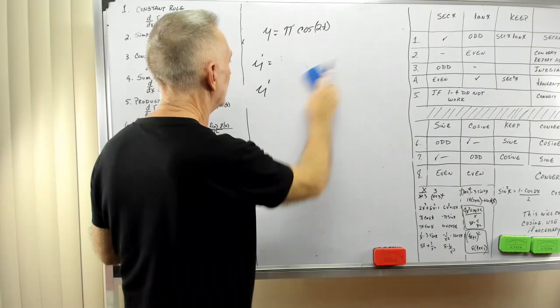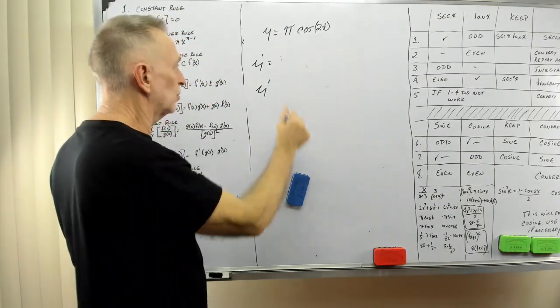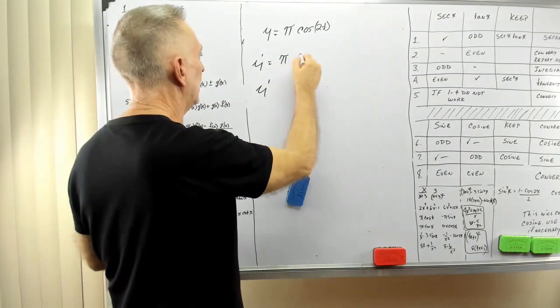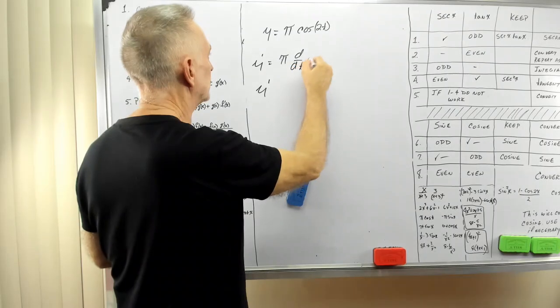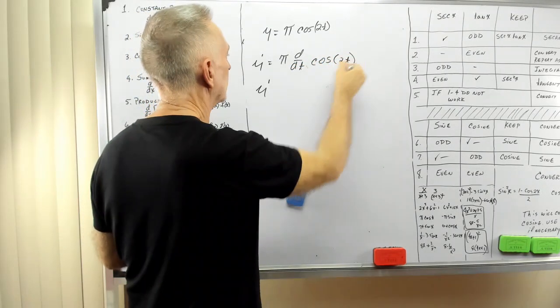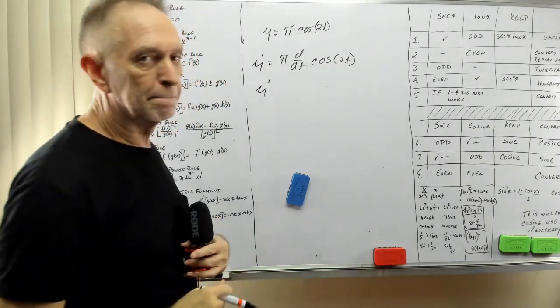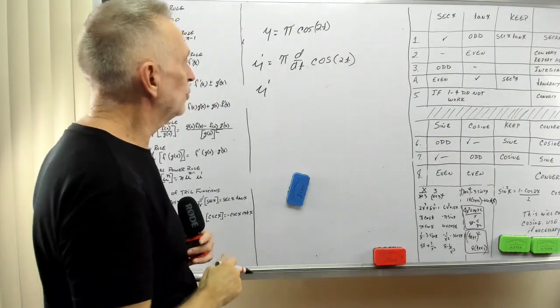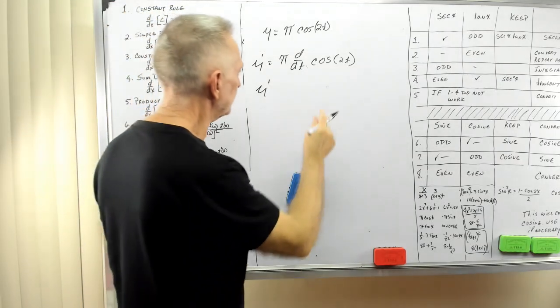Still use the constant multiple rule. I can pull the pi out, derivative with respect to t of cosine 2t. Now I need to utilize the chain rule.